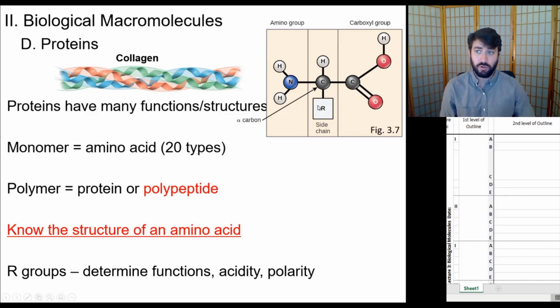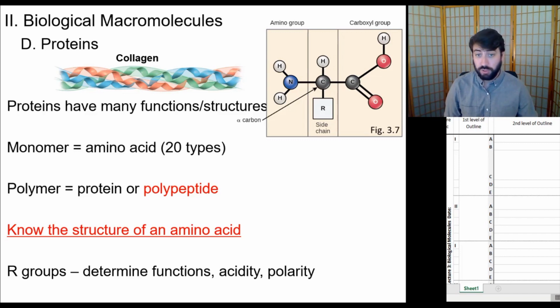Sticking off of this alpha carbon is a side chain, which could be any number of different functional groups. There are about 20 different varieties of functional groups attached to these alpha carbons, resulting in 20 unique amino acids.